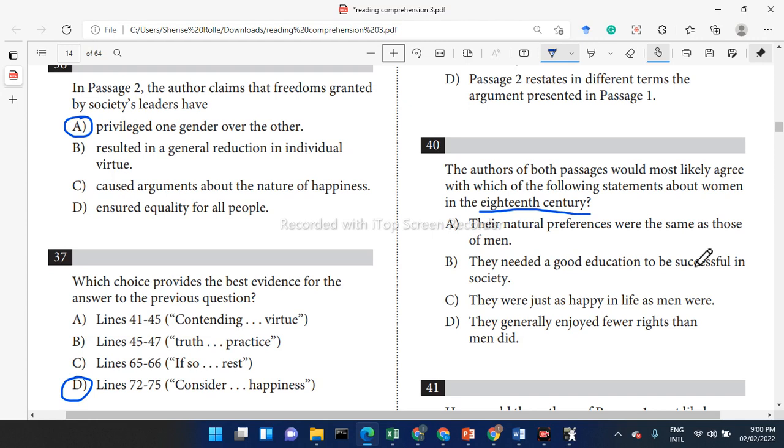So which of the following statements would the authors of both passages most likely agree with about women in the 18th century? A, their natural preferences were the same as those of men? B, they needed a good education to be successful in society. C, they were just as happy in life as men were. Or D, they generally enjoyed fewer rights than men did.